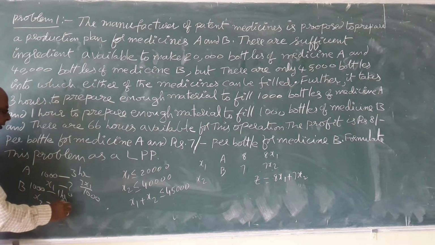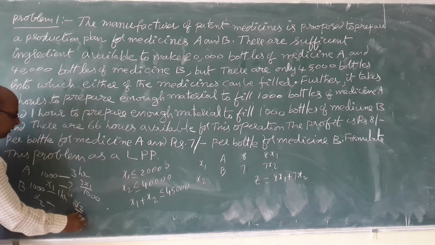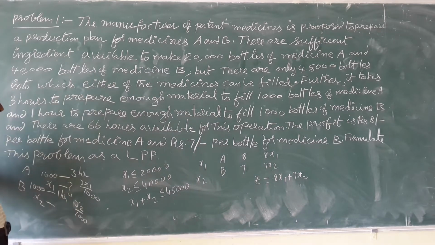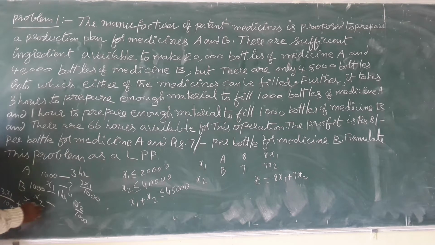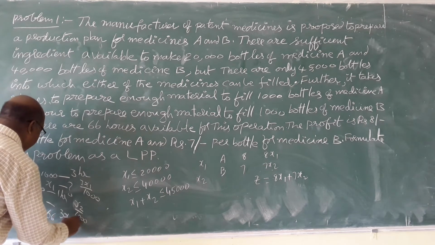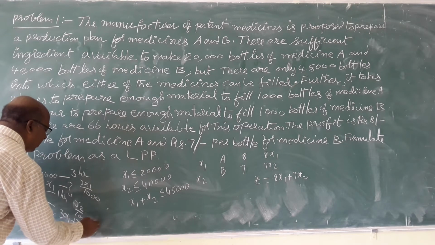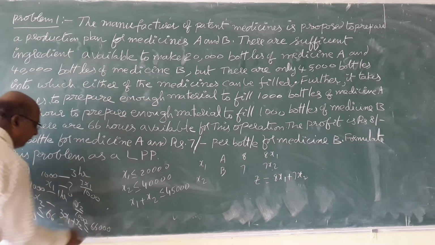For x2 bottles, how much? x2 by 1,000. This operation is maximum 66 hours. So combining, 3x1 by 1,000 plus x2 by 1,000 is less than or equal to 66. Cross multiplying we get 3x1 plus x2 less than or equal to 66,000.